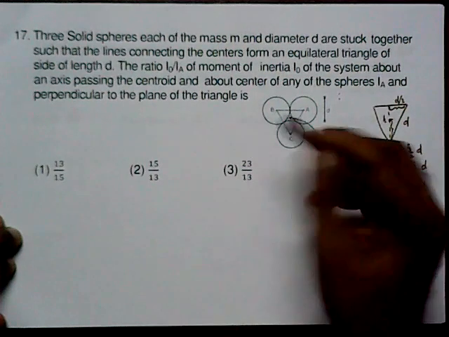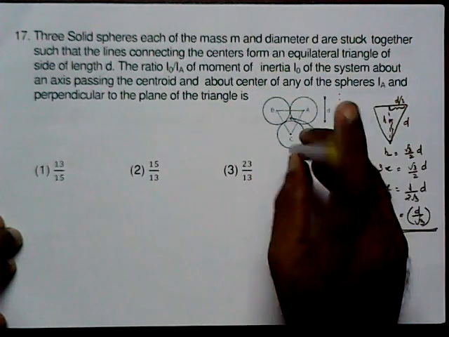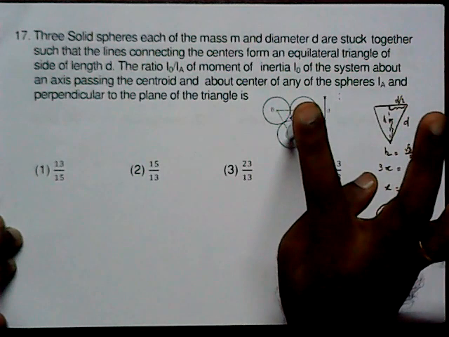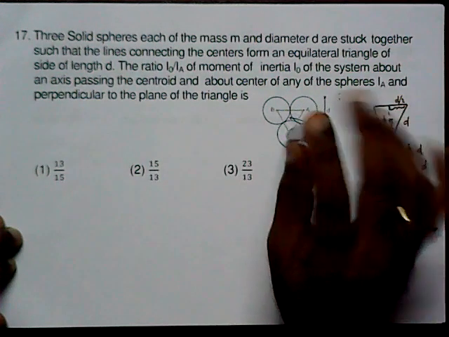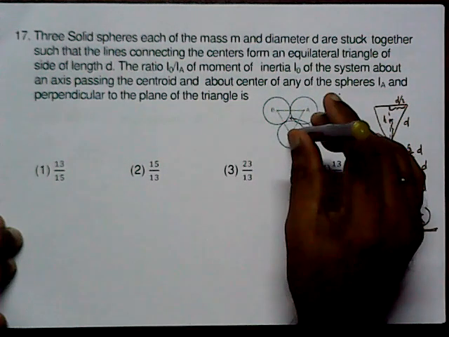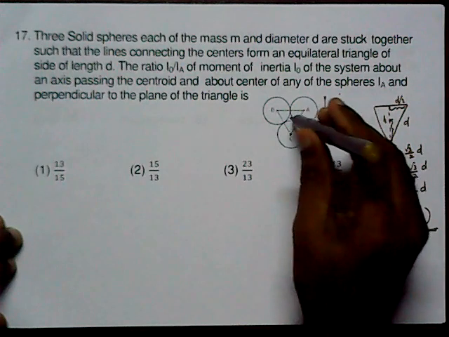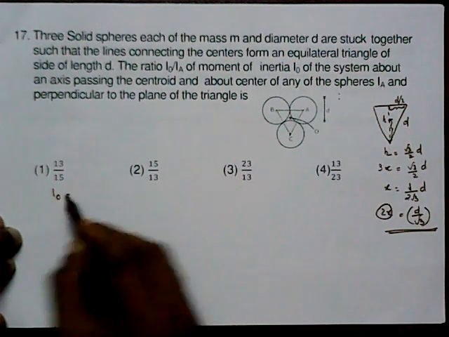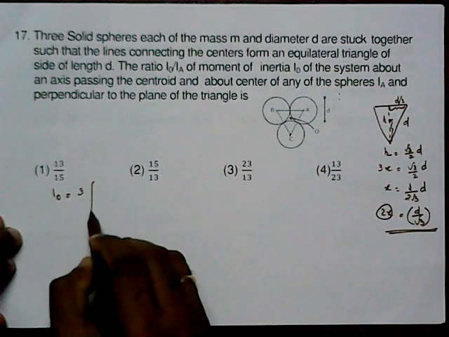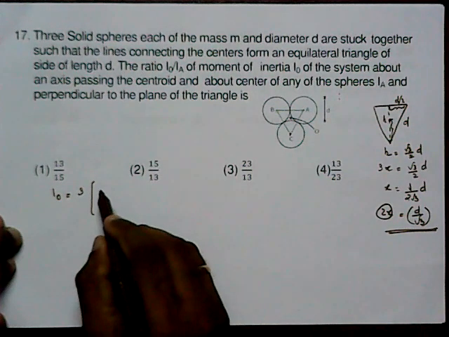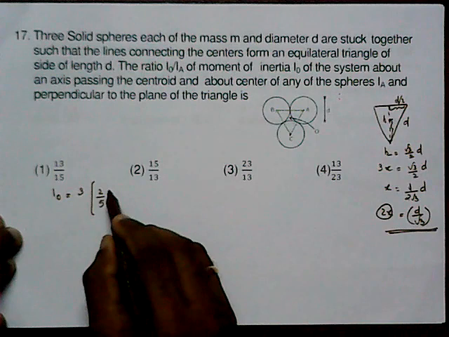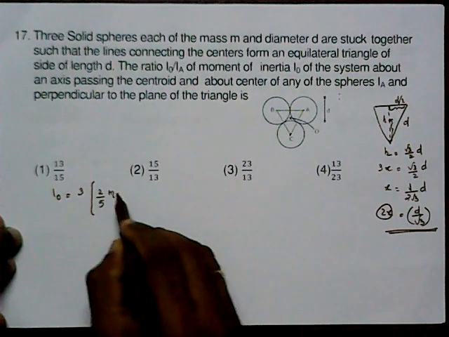At first we have to find the moment of inertia of the sphere about its center, and then by application of the parallel axis theorem, you get the value at the point O equal to, with the 3 contribution, the center of mass value, that is 2 by 5 m into the radius squared.